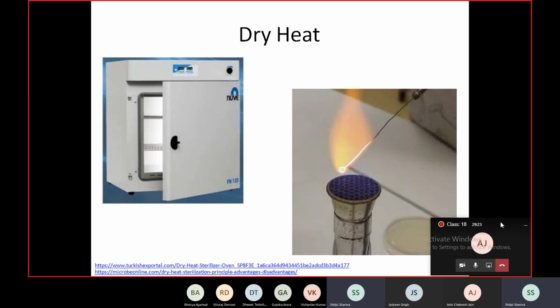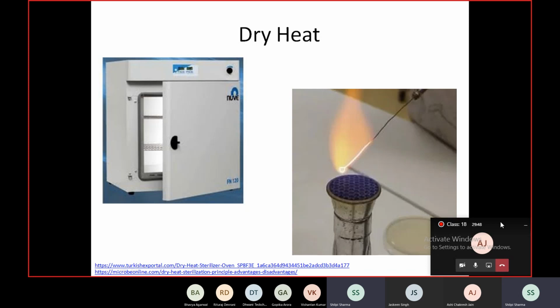Usually, it is seen that dry heat requires longer exposure time, and I'm comparing it to moist heat sterilization. But dry heat is preferred for those items which can be damaged by moist heat, because moist heat can be corrosive. So, for some metal instruments, you would prefer to sterilize using dry heat.